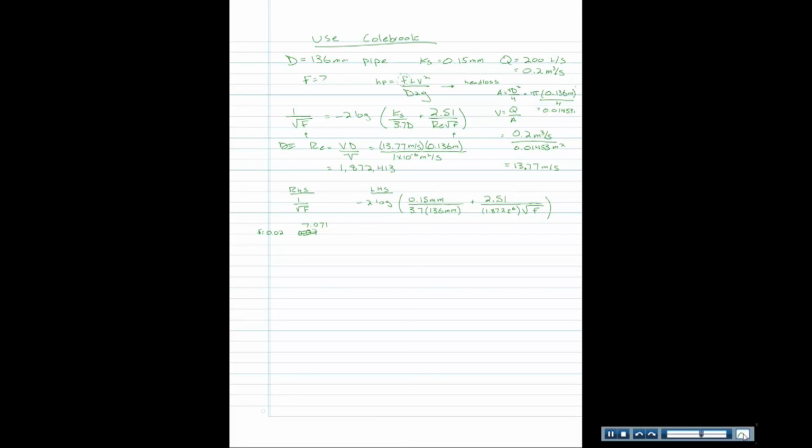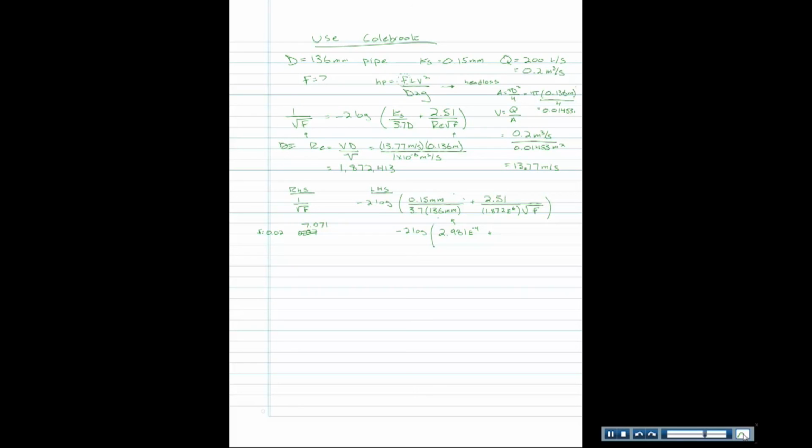So when we do our substitutions, I'll write it in this first time. Negative 2 log. There's going to be a term here that isn't going to change as we substitute in lots of different values for f: 0.15 divided by 3.7 times 136, which is 2.981 times 10 to the minus fourth, plus 2.51 divided by 1.872 times 10 to the sixth.